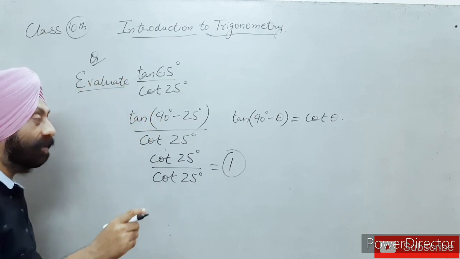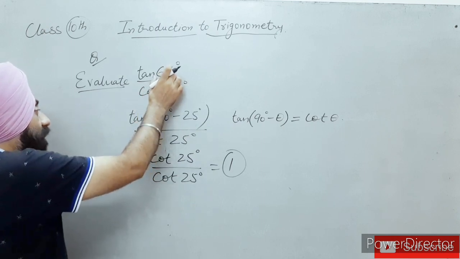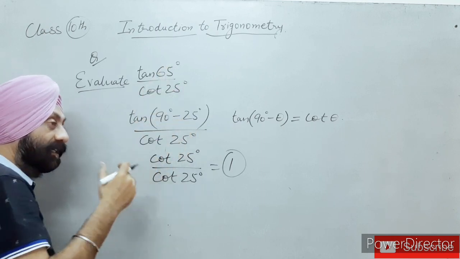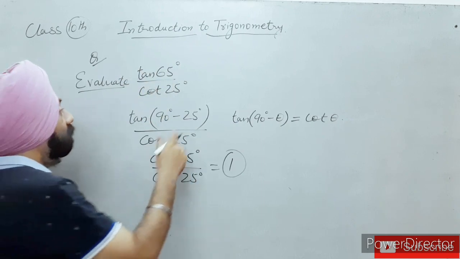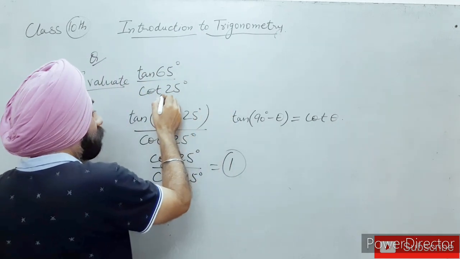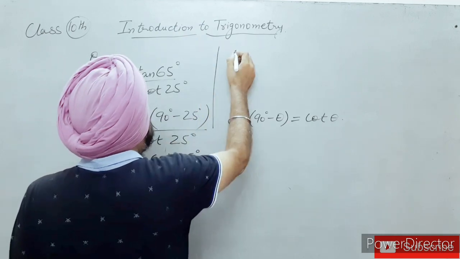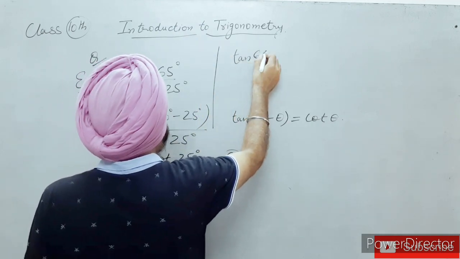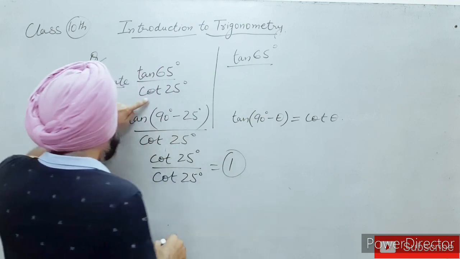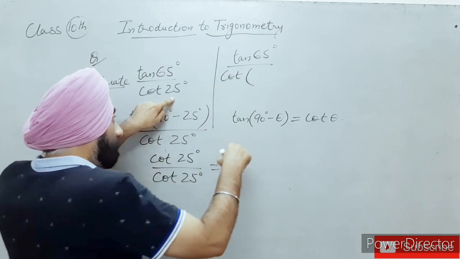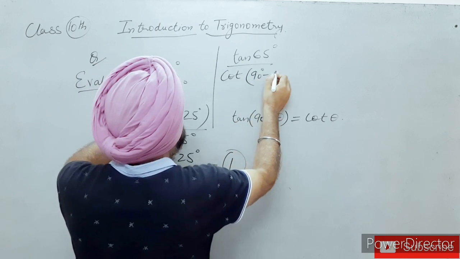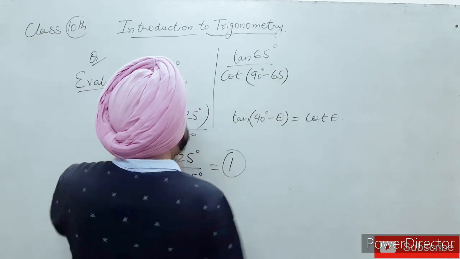But remember, the numeric value 65 should not change. 90 minus 25 is 65. Now let me try with the denominator also. Leave the numerator as such. Cot 25 can be written as cot of 90 degree minus 65.